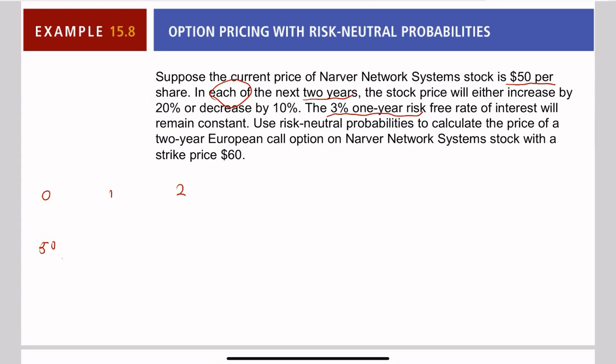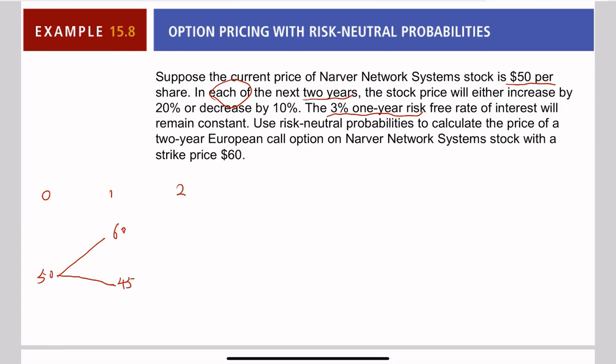And then at the end of the first year, you will have 2 cases. It increases by 20%, then it becomes 60. Or it decreases by 10%, then I believe it's 45.